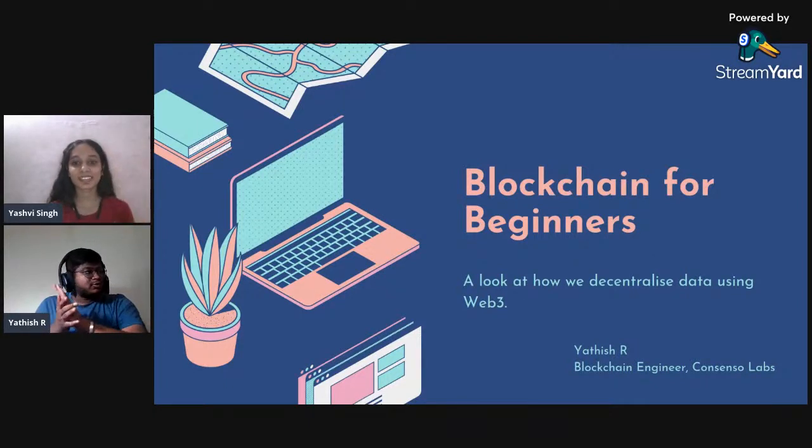So today's session would be blockchain for beginners, and we will be talking about different ways of starting off to become developers in blockchain. At the same time, we will be looking at what blockchain actually is, what different things it comprises of, and how it works. We usually compare blockchain with what is coming right now as Web3, and we'll look at what Web3 and Web2 actually are.